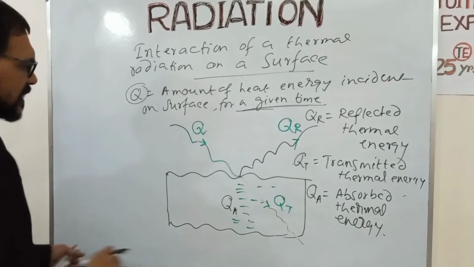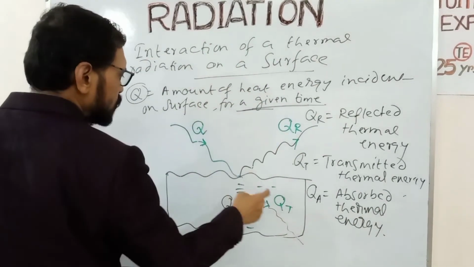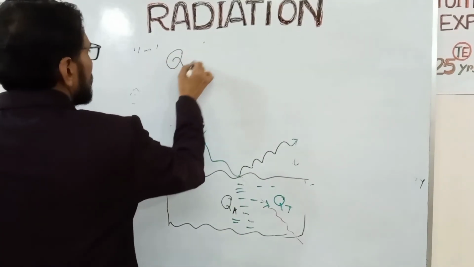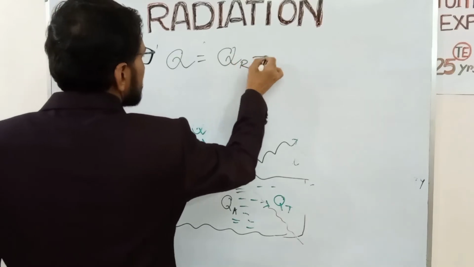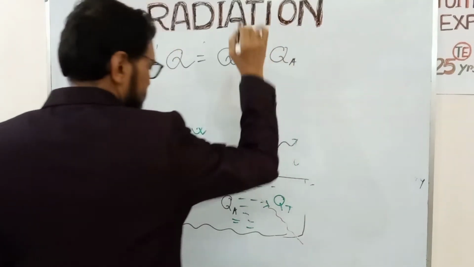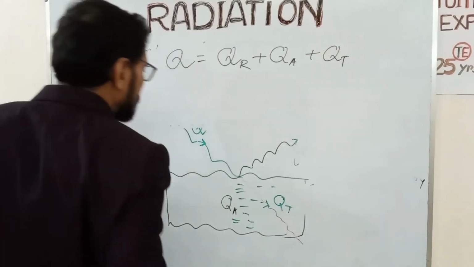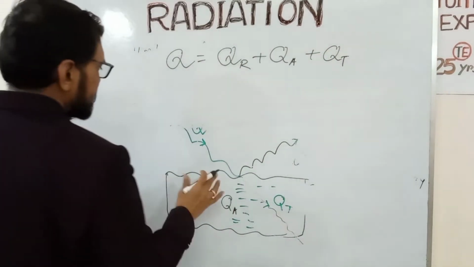So we can say that Q equals QR plus QT plus QA.